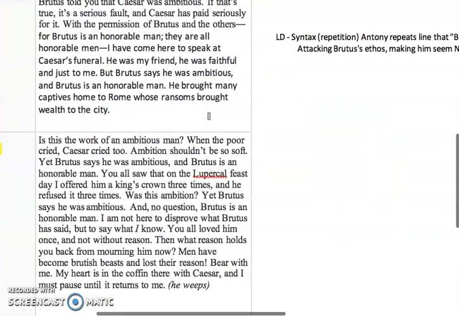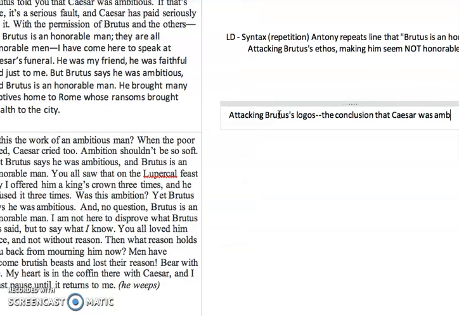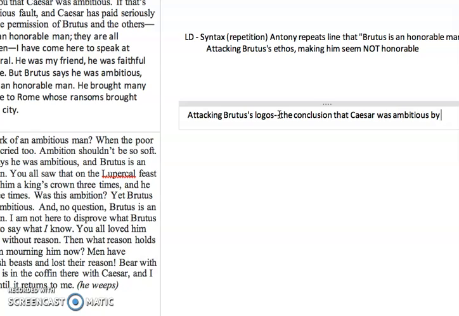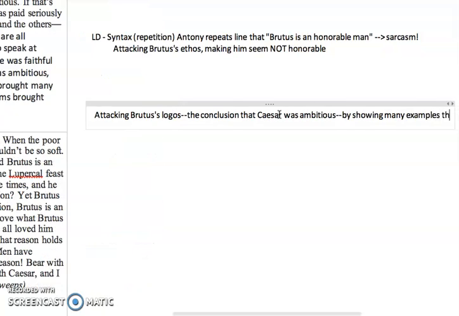So right here, what he's doing is essentially attacking Brutus's logos, the conclusion that Caesar was ambitious, by showing many examples that demonstrate that Caesar was not so ambitious.